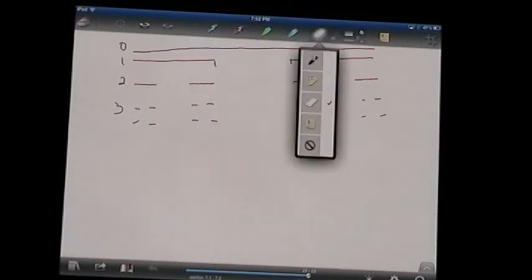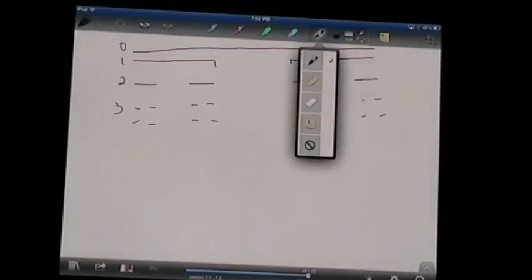Come back through here with an eraser. I've got to make that eraser really small. Whoops, I did not mean to make it into a pen. Okay, we're going to blow this up really big. Oh, it erased the whole thing.